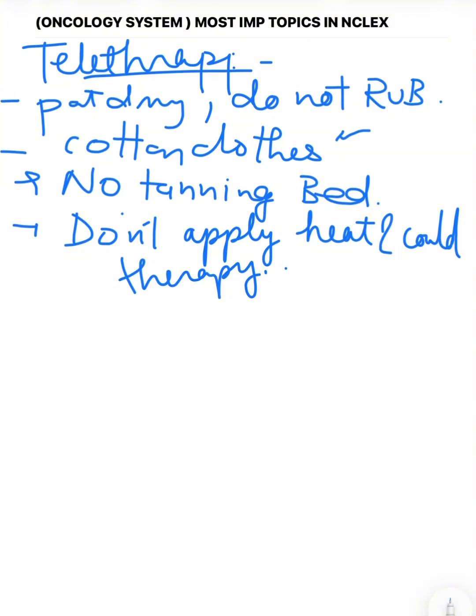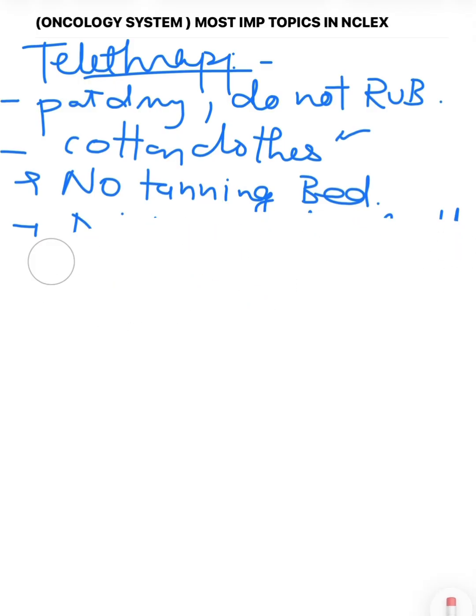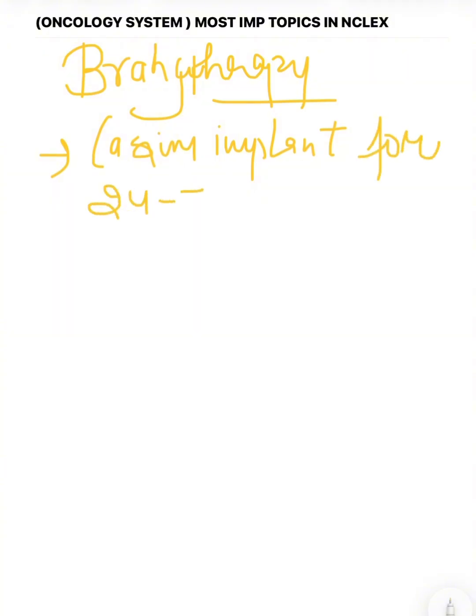Okay, the next type is brachytherapy. In brachytherapy, we implant the cesium for 24 to 72 hours, and the source is inside the body.